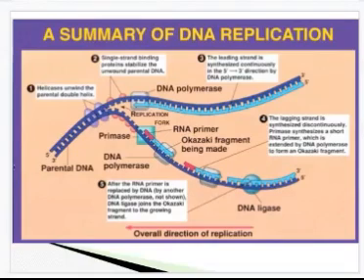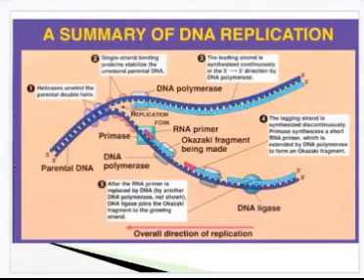So DNA helicase unwinds and separates the strands by breaking the weak hydrogen bonds of the complementary base pairs. So those bonds between the adenine and thymine and the guanine and the cytosine, they're broken by DNA helicase. So DNA helicase helps to unwind that double helix strand.